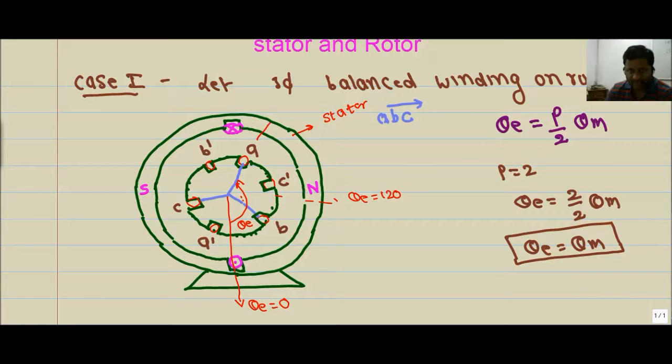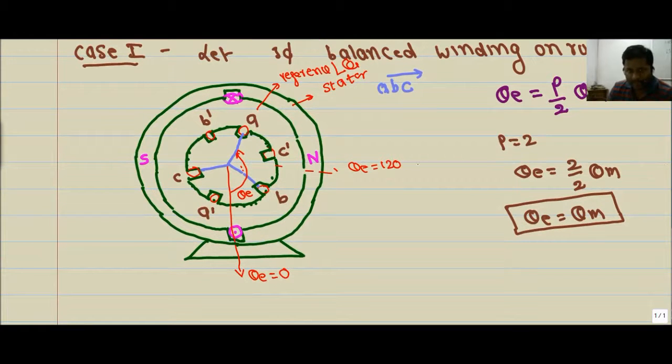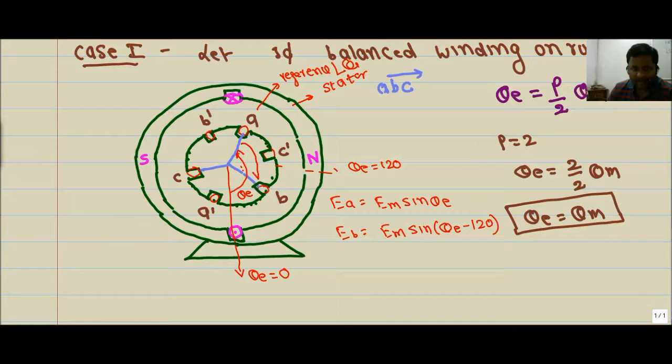Taking this as the reference vector at an angle theta e, we can conclude that EA equals Em sin theta e. EB equals Em sin(theta e minus 120), because A has the theta e reference, and B is left behind by an angle of minus 120.